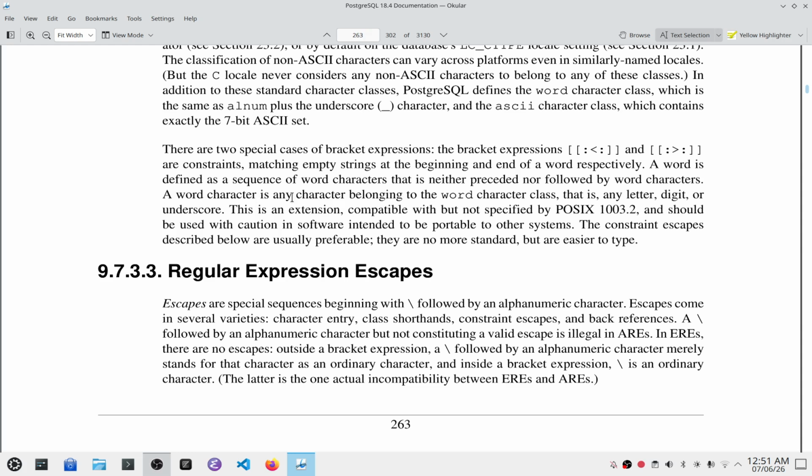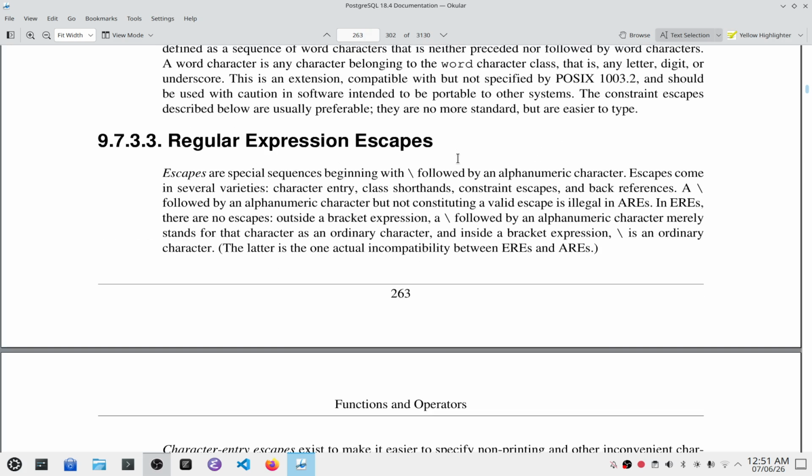A word character is any character belonging to the word character class, that is any letter, digit, or underscore. This is an extension, compatible with but not specified by POSIX 1003.2, and should be used with caution in software intended to be portable to other systems. The constraint escapes described below are usually preferable. They are no more standard but are easier to type.